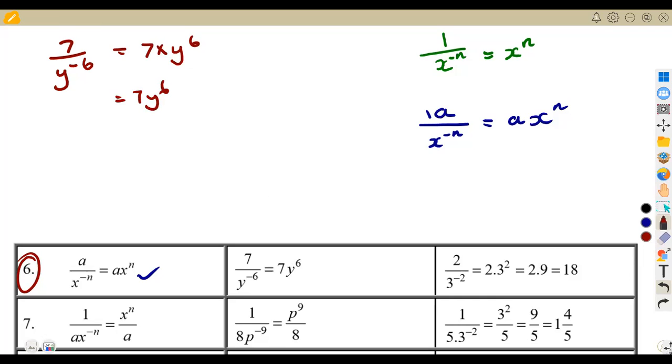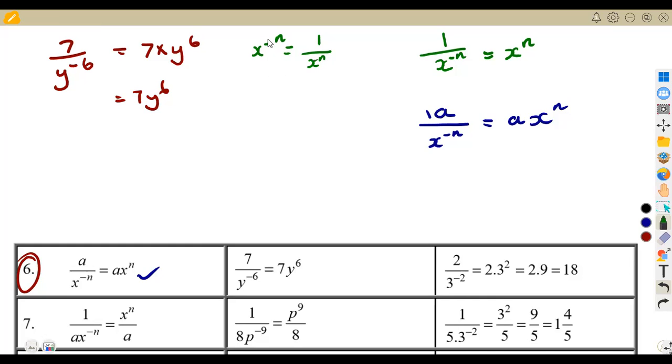All right, so what does this part actually mean? If we are to use back our original laws, or take it back to where we understand our laws, remember I talked about removing a negative: a number being raised to a negative exponent, you take it as 1 over x to the exponent of n.